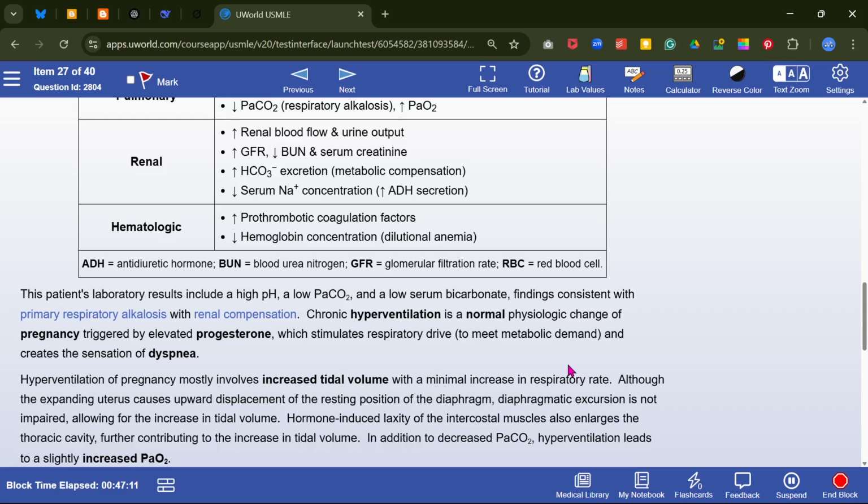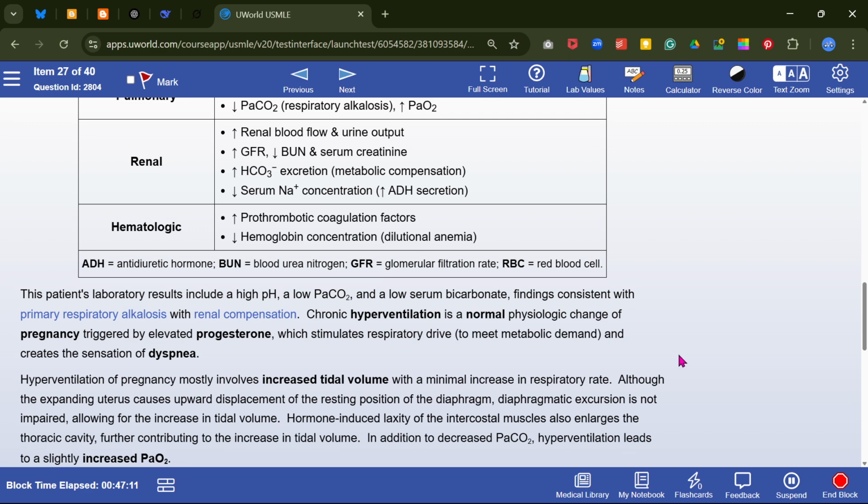Hyperventilation of pregnancy mostly involves increased tidal volume with a minimal increase in respiratory rate. The expanding uterus causes upward displacement of the resting position of the diaphragm, and diaphragmatic excursion is impaired, allowing for the increase in tidal volume.